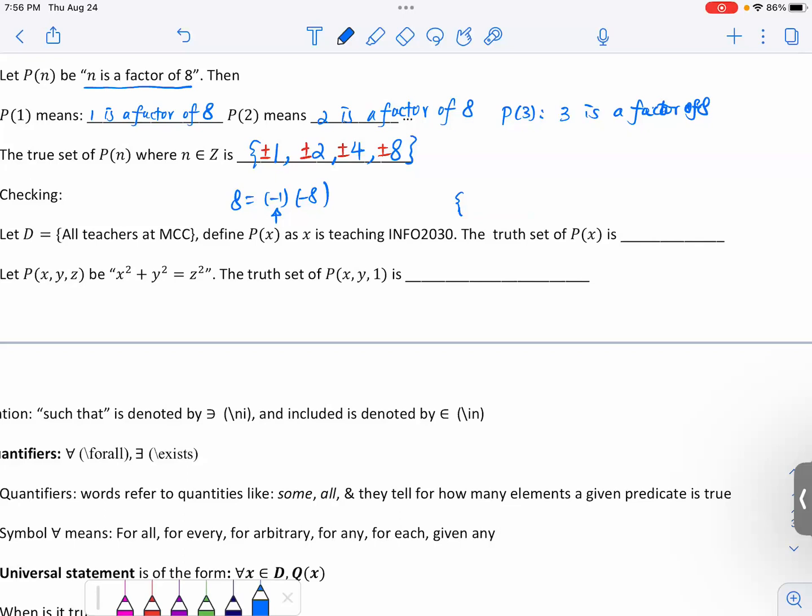They are me, Dr. Huan, Miss Olson, Mr. Lee, and Mr. Say. Actually, there are four people who are teaching INFO 2030. So I would say this would be my truth set.